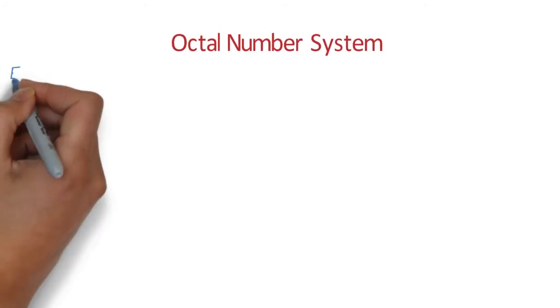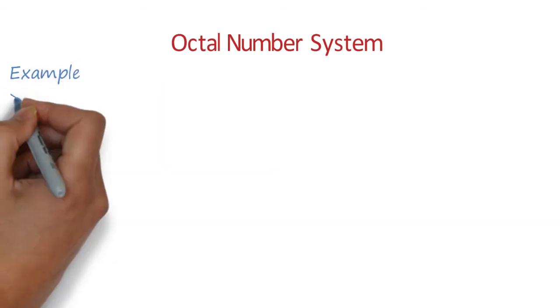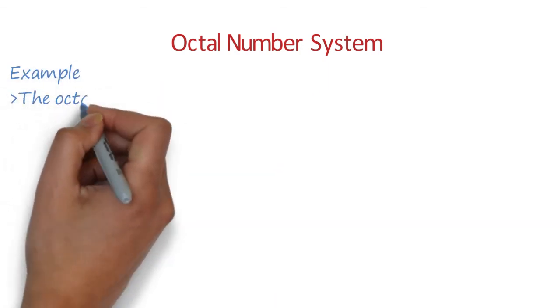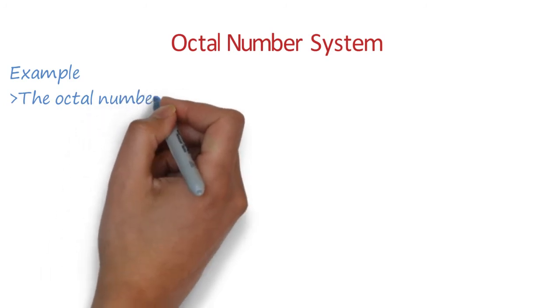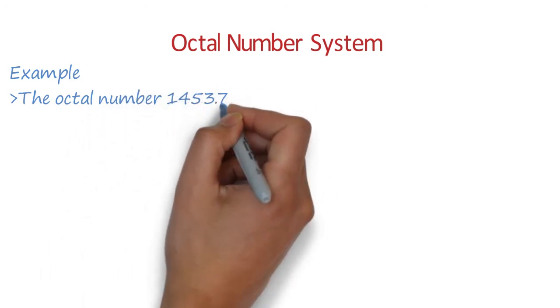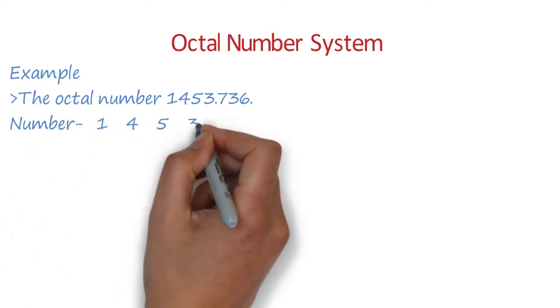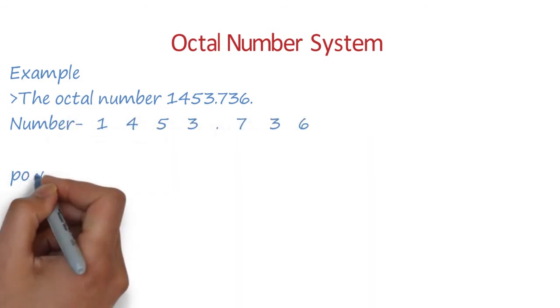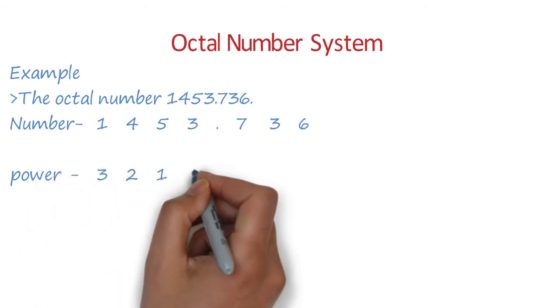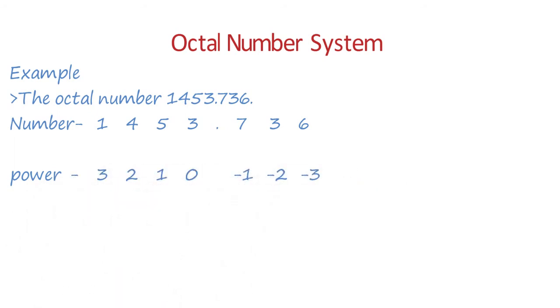That means each position has a specific weight which is a power of 8. An example of an octal number could be 1453.736. The integer part of this number is 1453 and the fractional part of this number is 0.736.